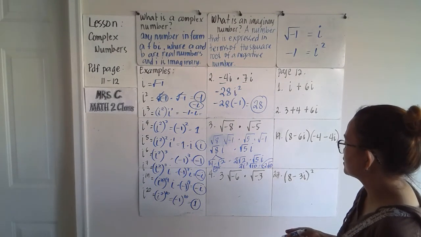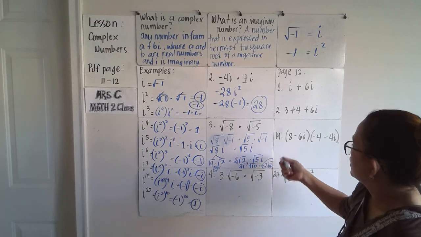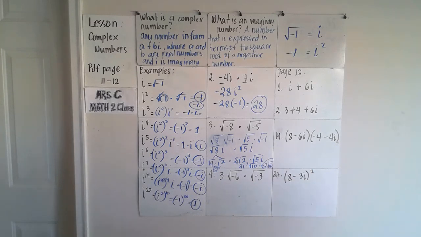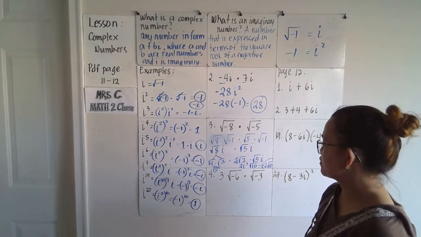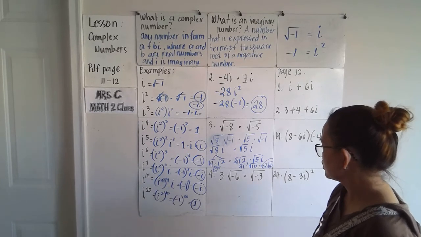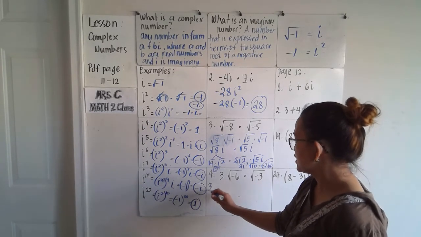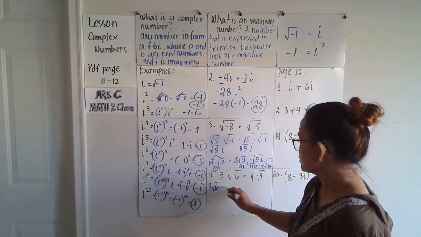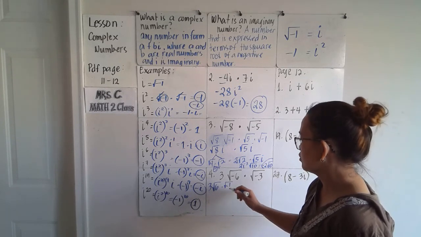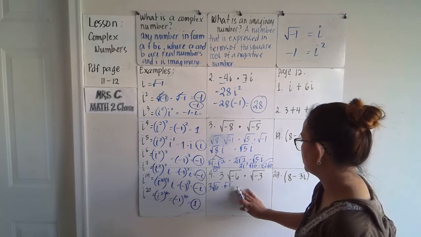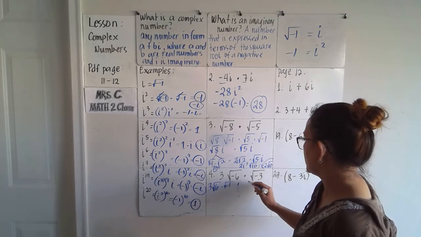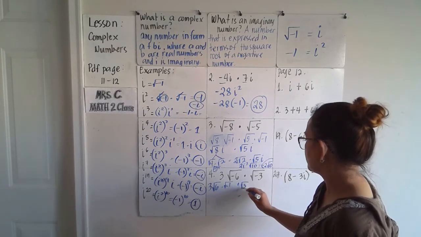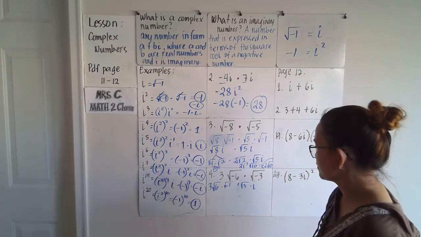So next, let's do number 4 first. So let's just multiply them. So square root of 3 times square root of 6 times negative 1. If you want, I will just write it down. Okay, here, that will be square root of 3 times i, and square root of 6 times i.